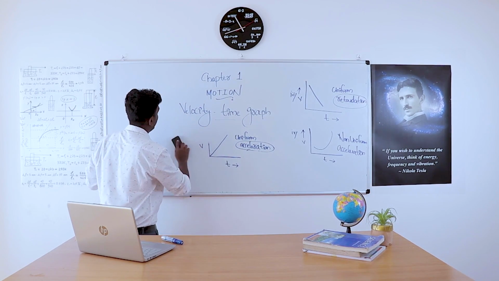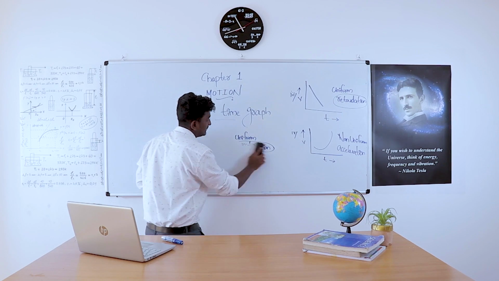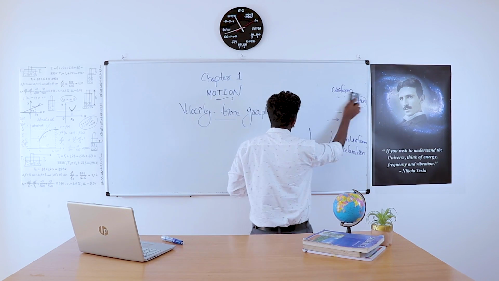Now we have to find the slope of velocity time graph and area of velocity time graph. We can find it one by one.